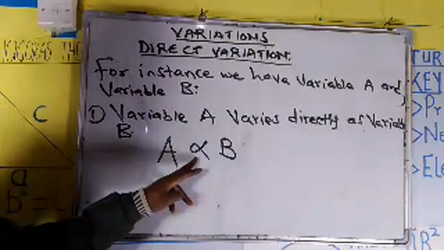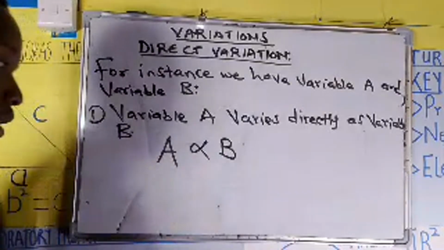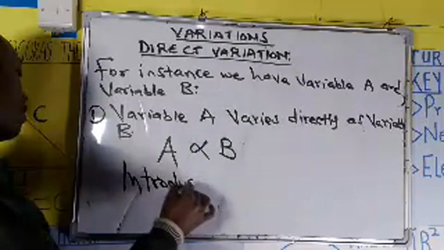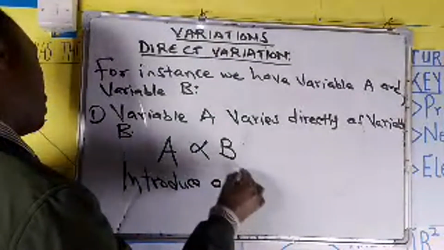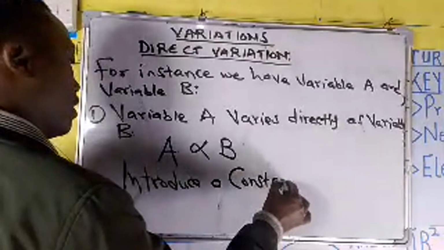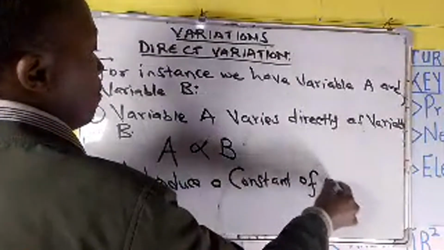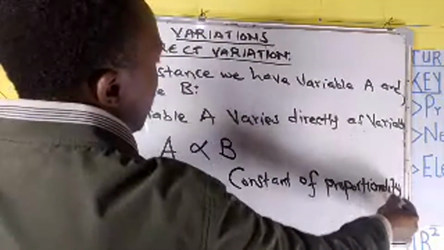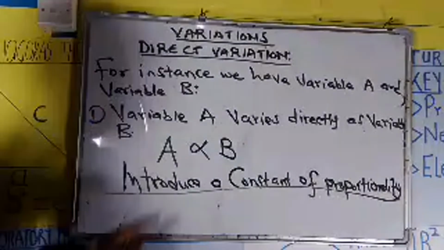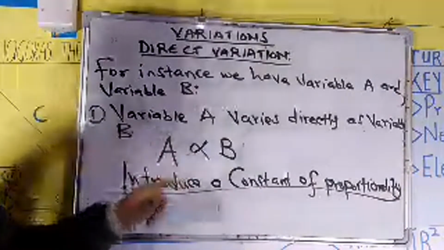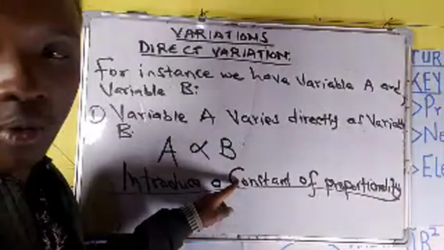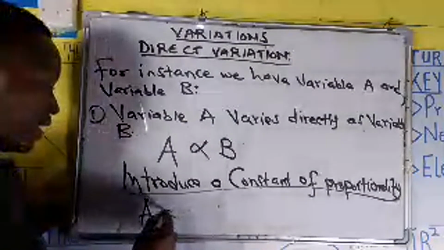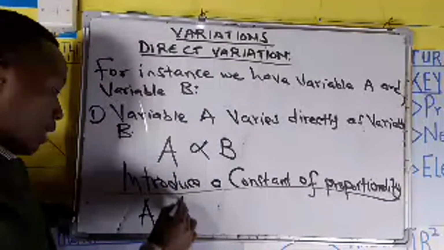But with this sign, we cannot solve such. So what we do is that we introduce what we call a constant of proportionality. For us to change this into an equal sign, we must introduce a constant of proportionality. So A is equal to, when we change this sign to equals, we must introduce a constant.